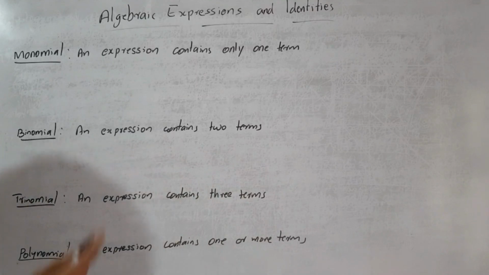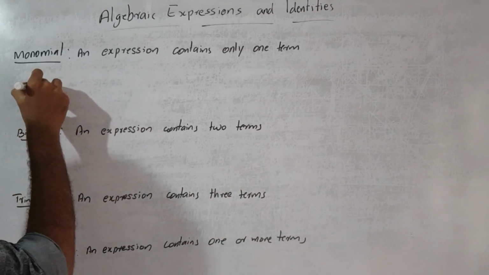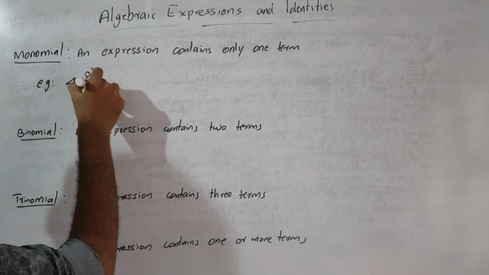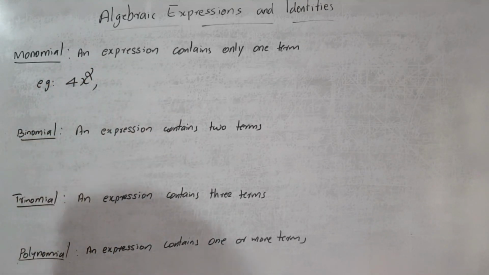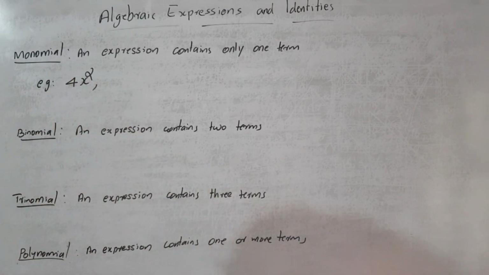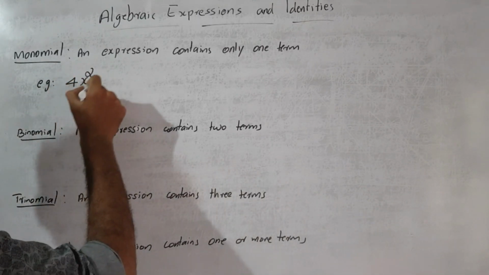For example, 4x square is an expression. How many terms here? Here we have only one term, 4x square.